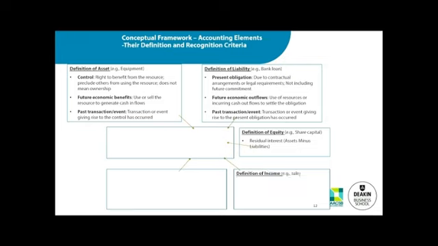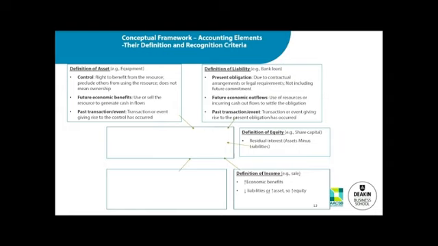For income, we said that it has to be an increase in economic benefit that would result in a decrease in liabilities or enhancement of the asset. So as a result, it would increase equity.